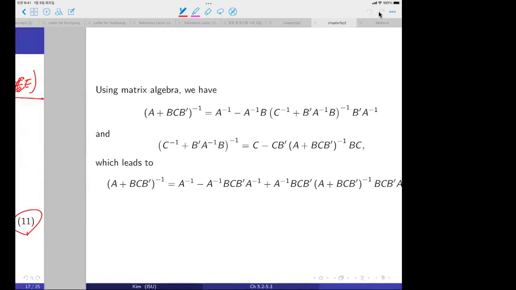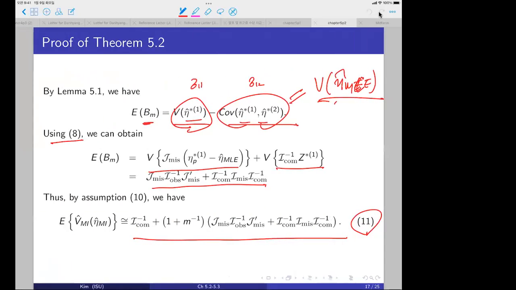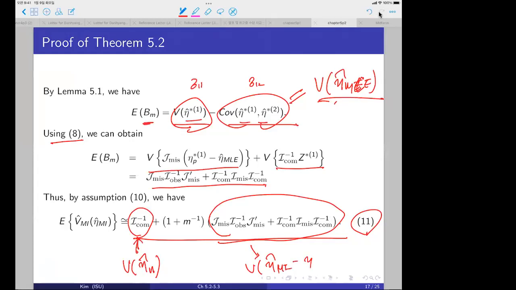Okay. So at the end of the day, remember, this one is the variance of the eta hat n, right? And what we'll show is that this one is the variance of eta hat MI minus eta hat n.